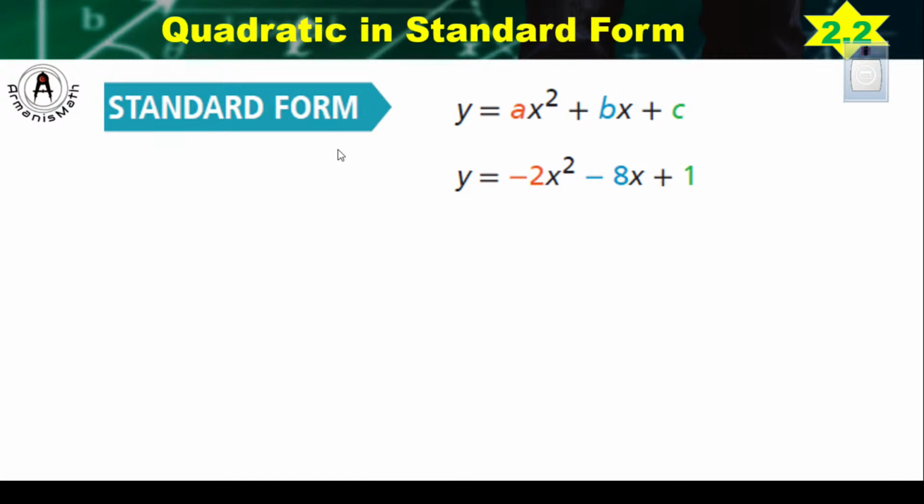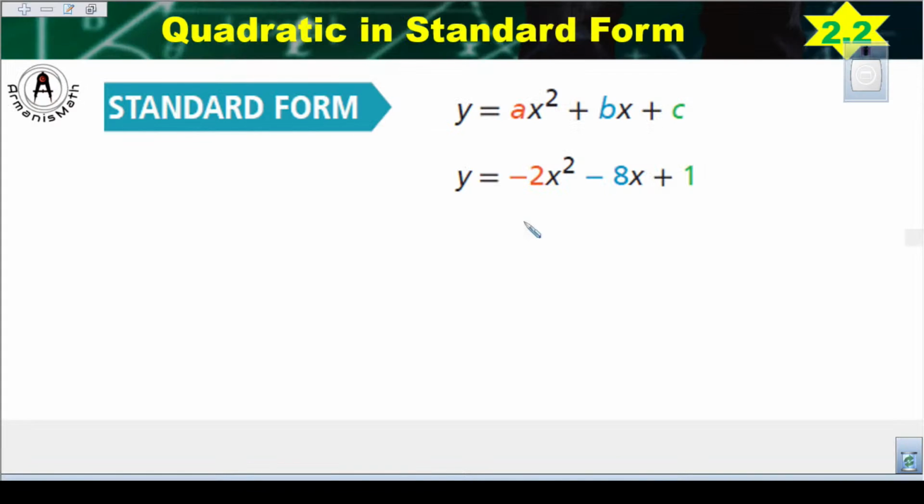In the standard form of the parabola, you will write your parabola as y equals ax squared plus bx plus c. That form is not like the vertex form, which has h and k. This one has ax squared plus bx plus c. I need to point out that a, b, and c are real numbers.